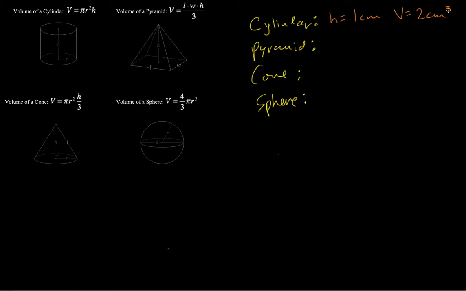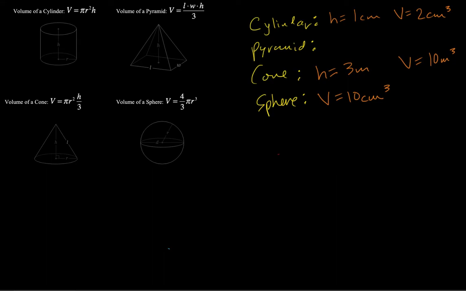The cone, we have a height of 3 meters and a volume that is 10 meters cubed. And then we have a volume of a sphere that is 10 centimeters cubed. We don't have a pyramid on this next one, so we're not going to do it.